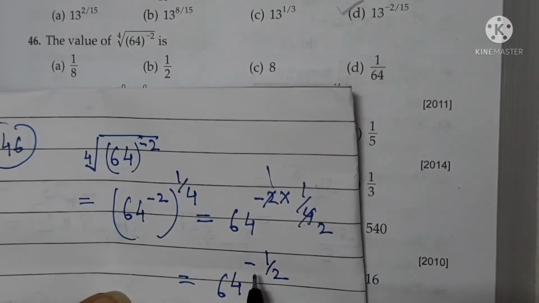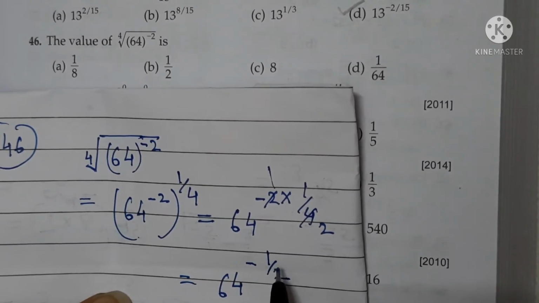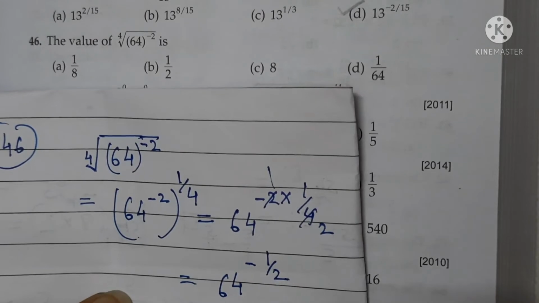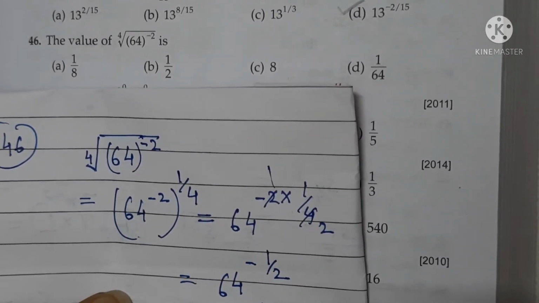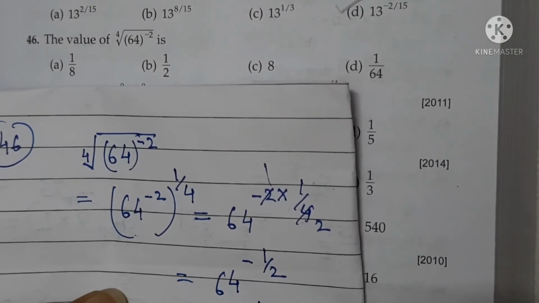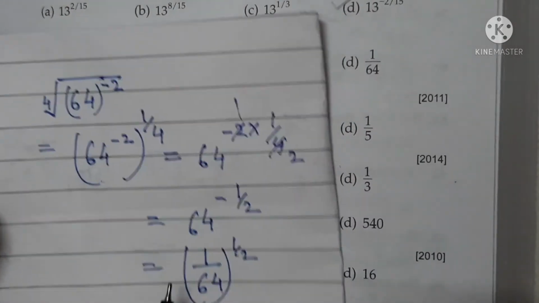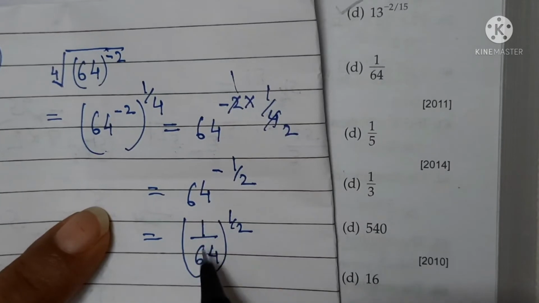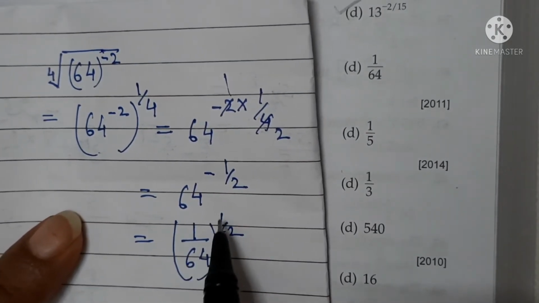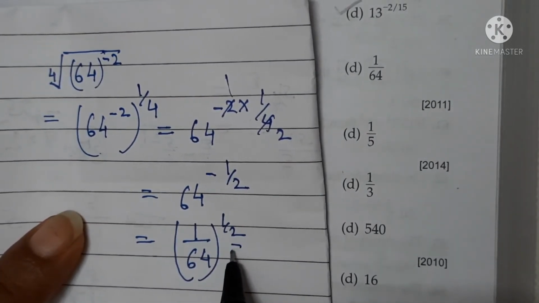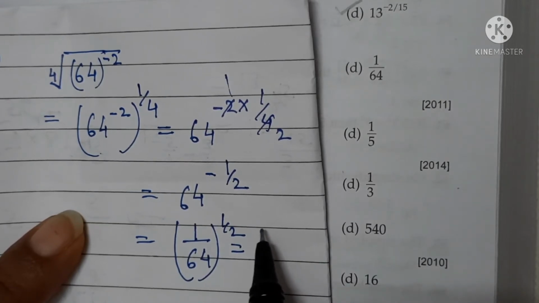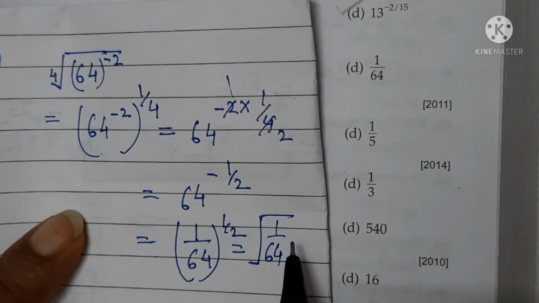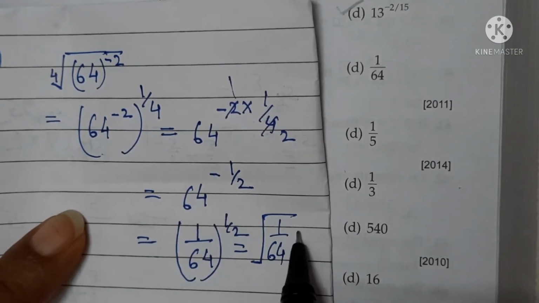So you can write it, first you make it positive. So this becomes 1 upon 64 to the power of 1 upon 2. This will be in denominator, so this power will be positive. Now you can write it under root 1 upon 64, and this becomes 1 upon 8.